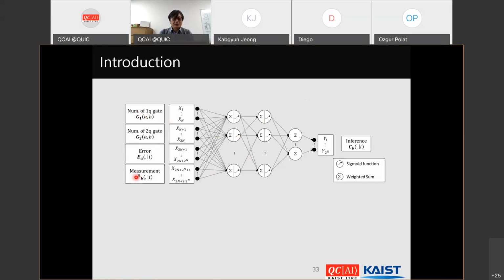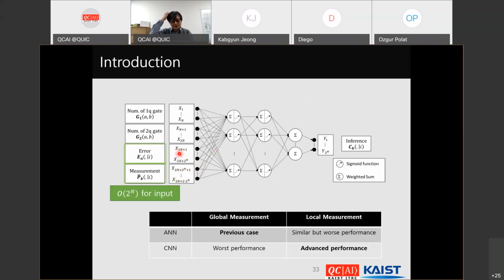In the previous method, we trained the circuit with all possible computational basis states. However, that is not scalable training, so we want to find a way to train the machine with just local information only.